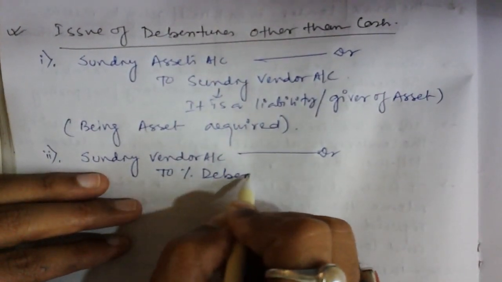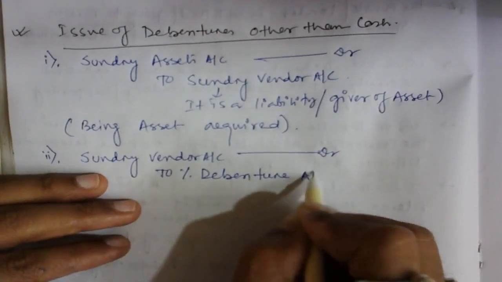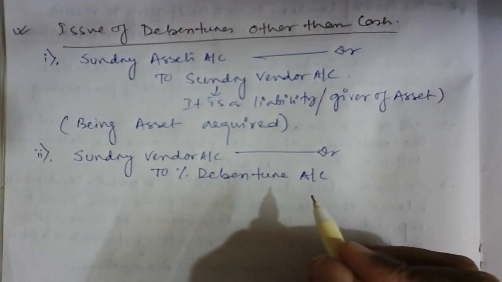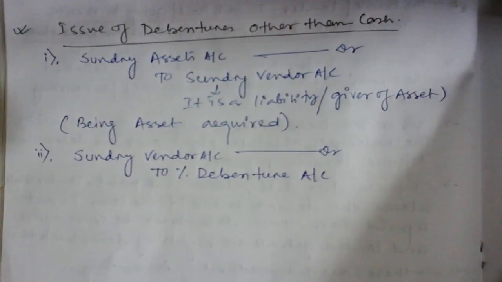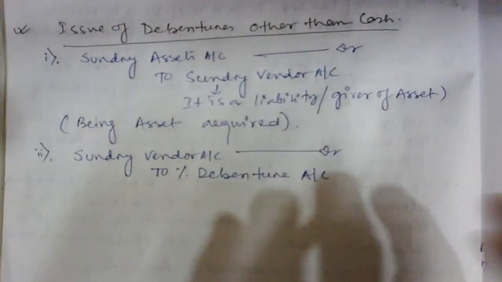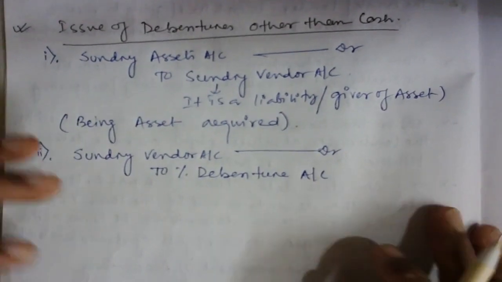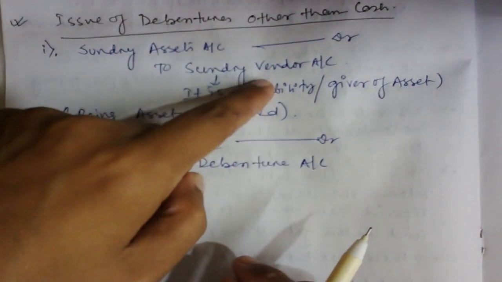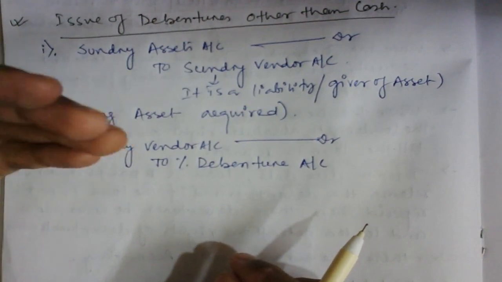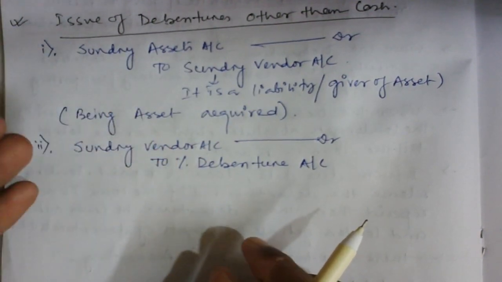You are issuing the debenture to the vendors, correct? So can I write here, let's say, sundry vendor to debenture. You are discharging the vendors by issuing them the debenture. So the entry will be like this.